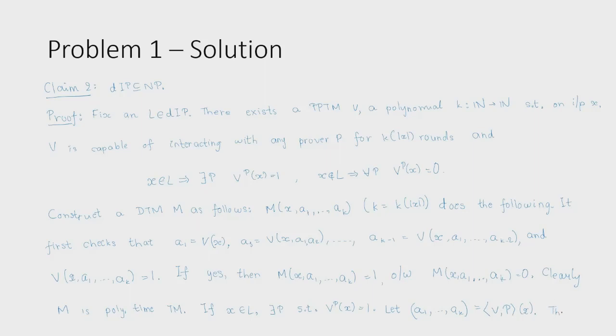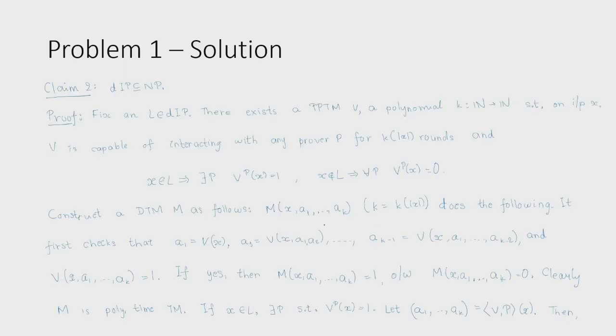Then it's clear that M(X, A1 to AK) is equal to 1. Why? Because, okay, what does M do? It checks that A1 is equal to V of X, which it is by definition. A3 equals V of X, A1, A2, which it again is by definition.